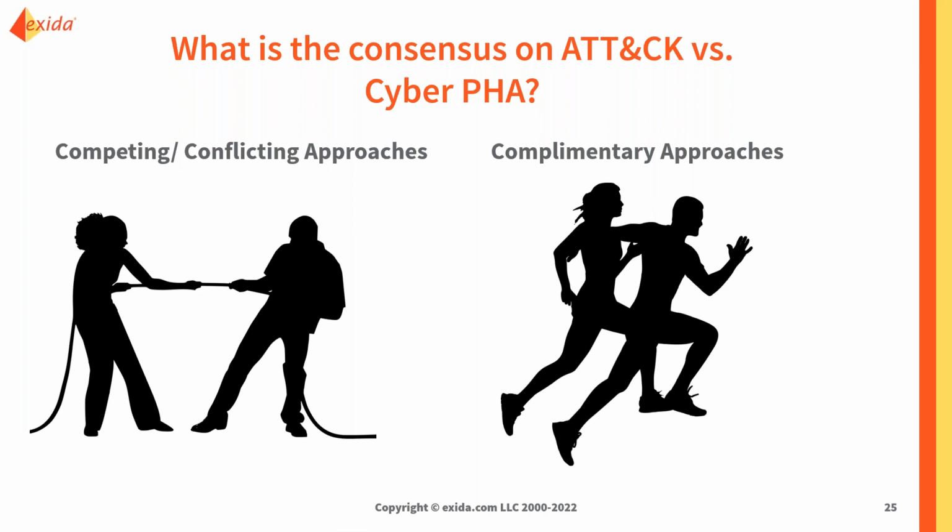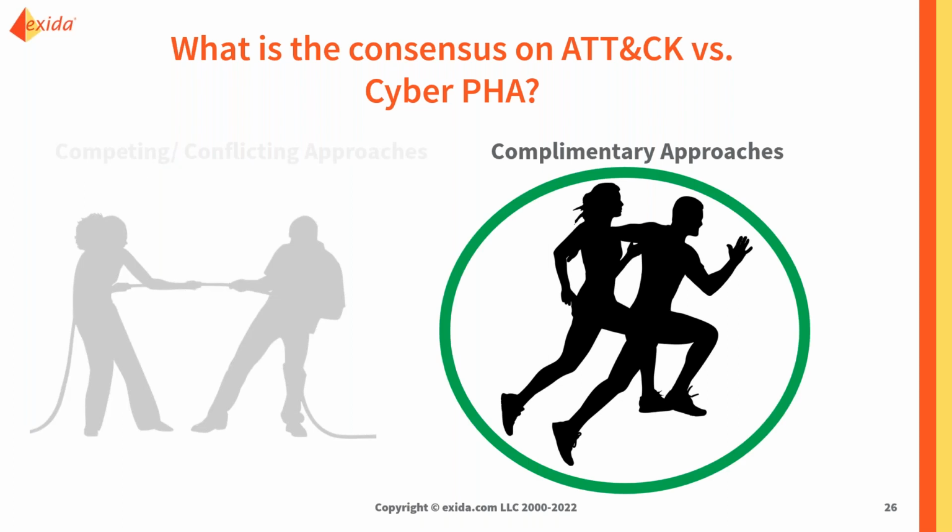And as you may be able to guess from the information so far, they really are much more complementary approaches than competing. And we'll talk about and see how we can really align them together to take advantage of our understanding of the threat actor behavior to then better fill out our cybersecurity risk assessment and better identify opportunities for protections.